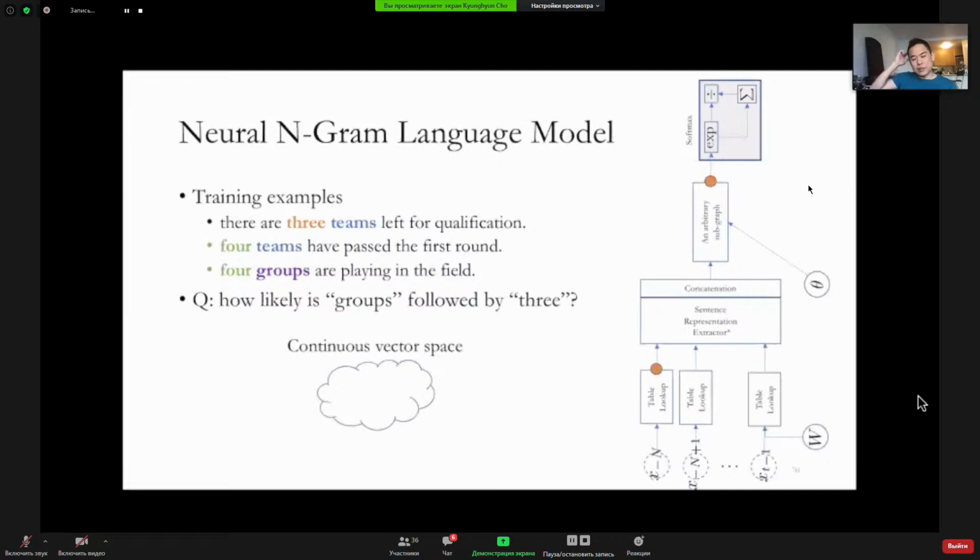But then, the interesting thing is that if you use this kind of continuous vector space, there is a natural tendency to compress the information, because we use a fixed number of parameters, and also we use stochastic gradient descent, which cannot really explore this entire space of the parameters fully.